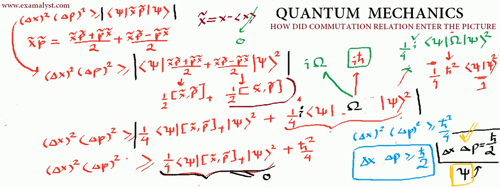We wrote this part as iħ, and many would argue this is in tilde. How can you write this as iħ? Because we know that x and p should give us iħ, not x tilde and p tilde.